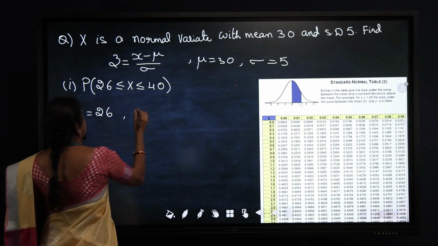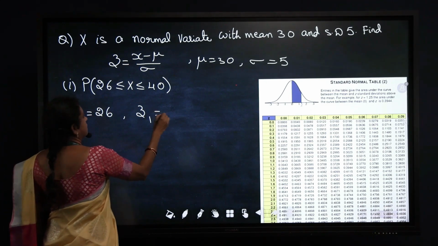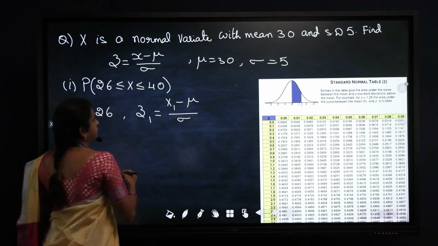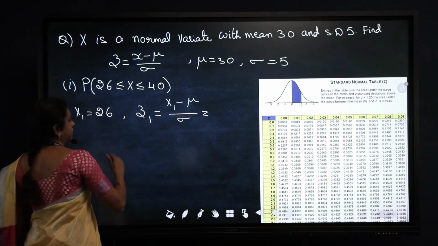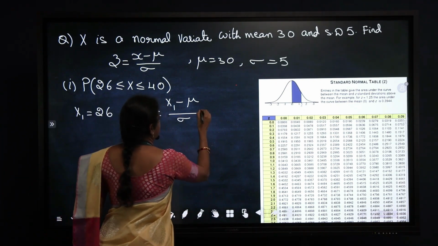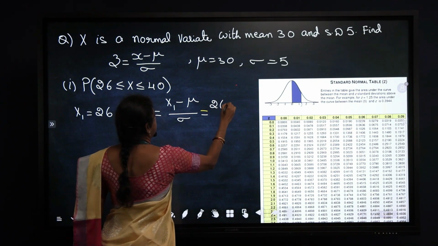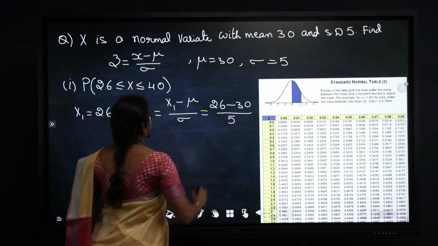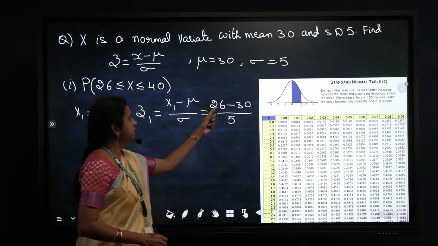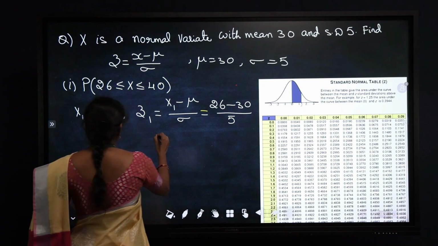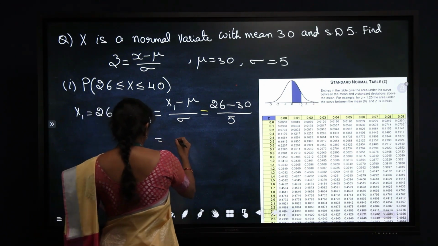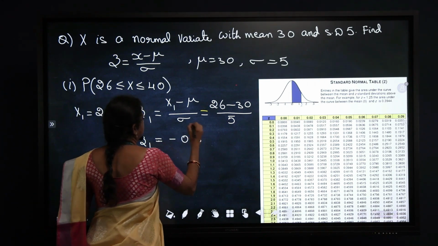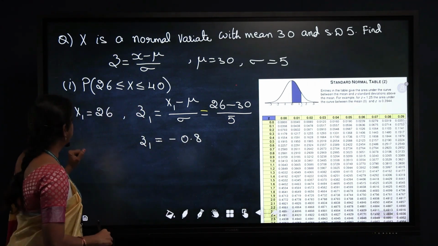Using the formula, z1 is equal to x1 minus mu by sigma, which is 26 minus 30 by 5. On simplifying, this z1 value is equal to minus 0.8. So z1 is minus 0.8.